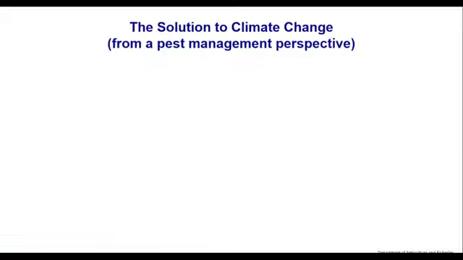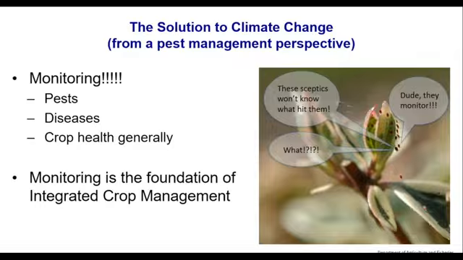All right, so as I've alluded to here, the solution to climate change from a pest management perspective for a nursery production business is monitoring. Monitor for your pests, monitor for diseases, monitor for crop health. And as you've probably all heard, monitoring is the foundation of integrated crop management or integrated pest management, integrated disease management.